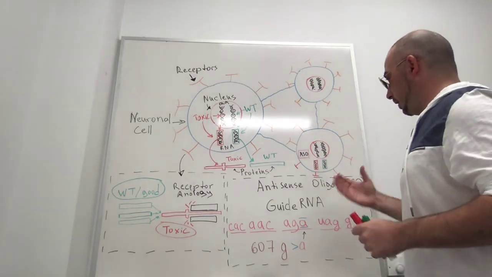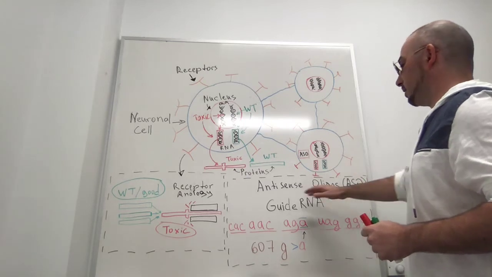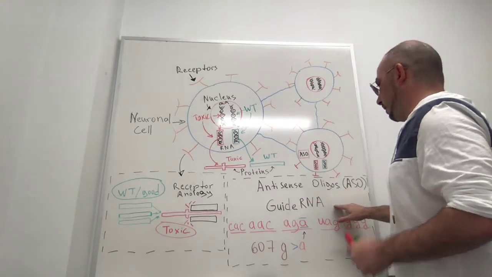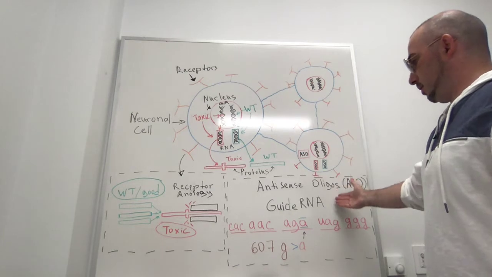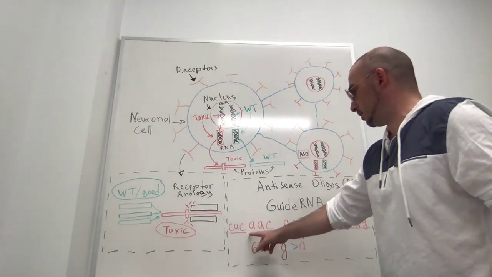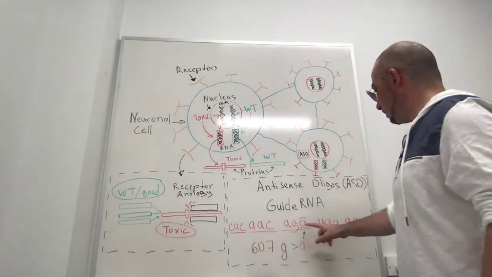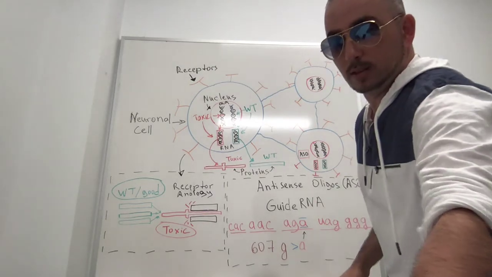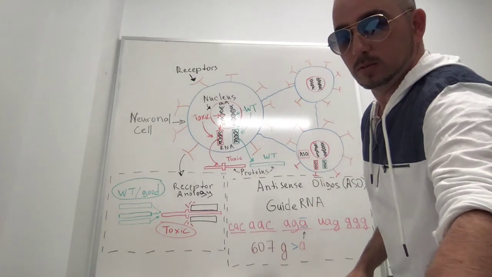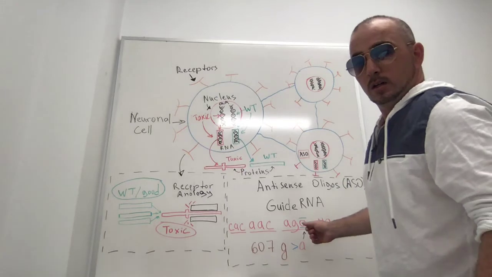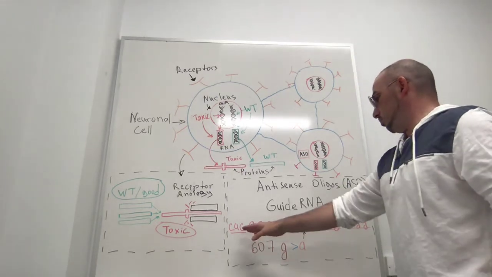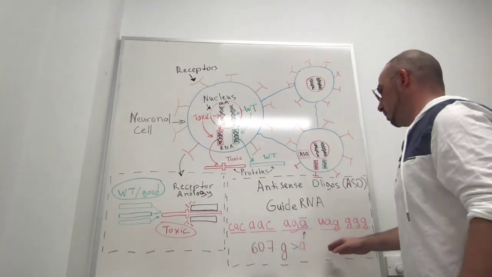So the way antisense oligos work is that they contain something called guide RNA. Guide RNA is literally a sequence of letters that you see here that contain your RNA code. So again, I'm going to simplify this one step further.